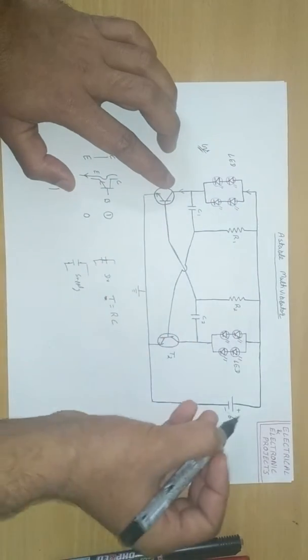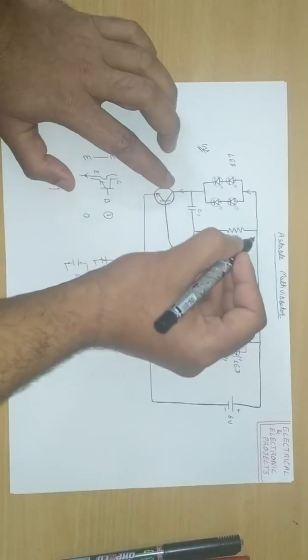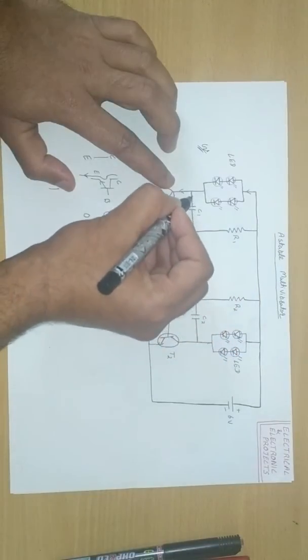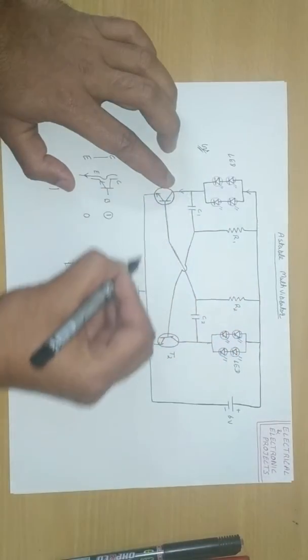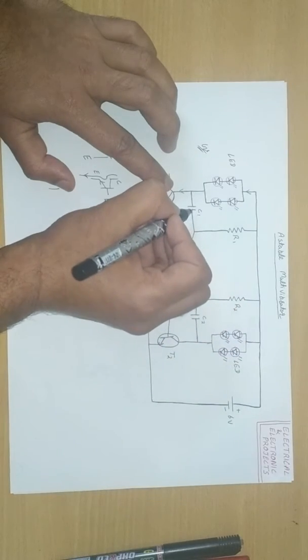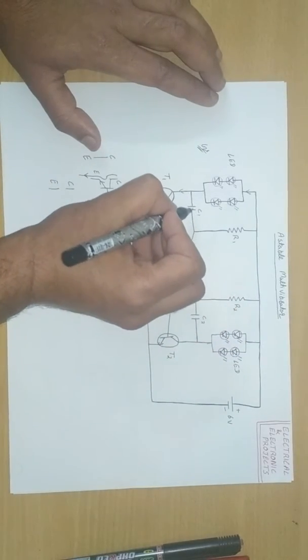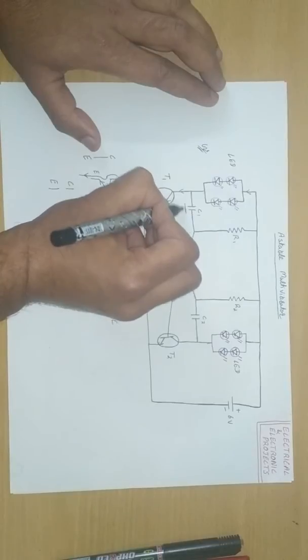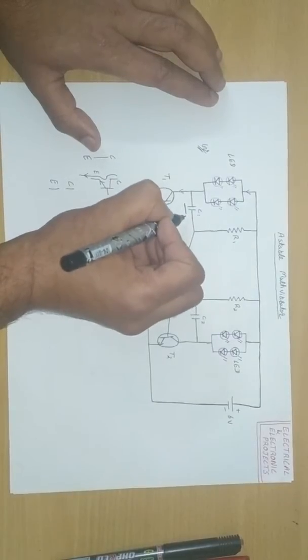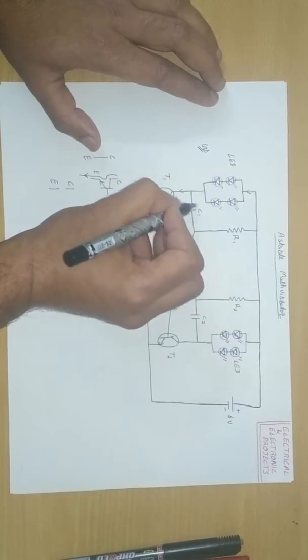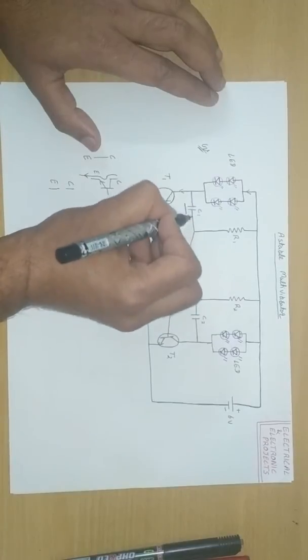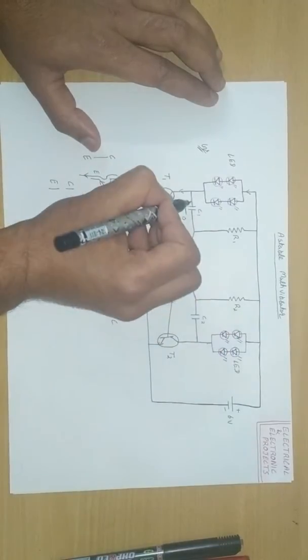At the same time, this parallel circuit also completes a closed path. We know that initially a capacitor acts as a short circuit, so the voltage across it is zero. When it is short circuit, there is no voltage across it.